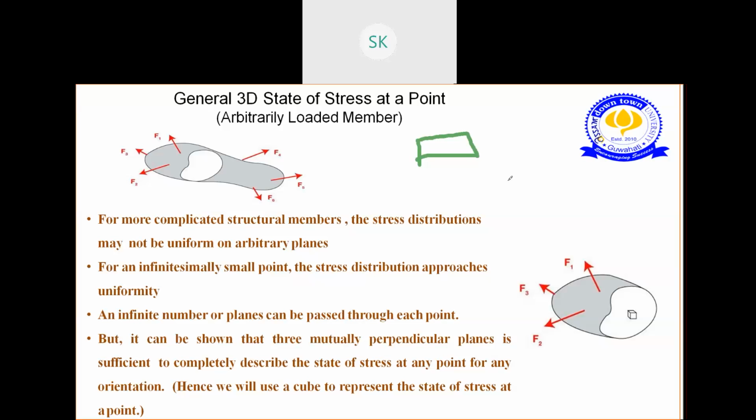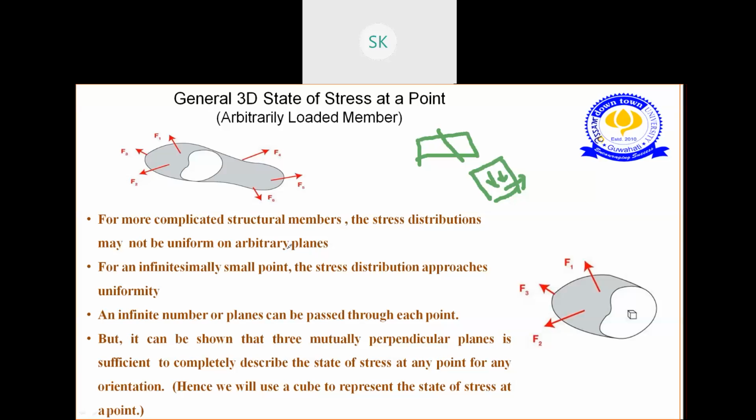But if you take a more complicated structure, remember the stress distribution may not be uniform on arbitrary planes. Suppose you take a steel bar. If I hit the steel bar, the stress we apply may not be uniform all over the section.